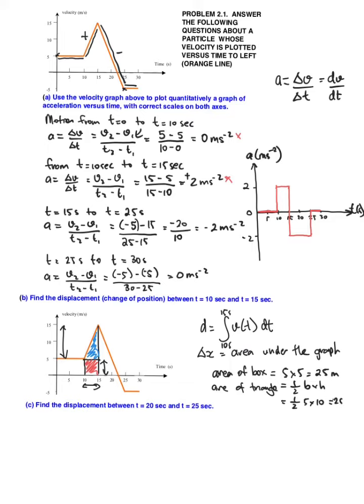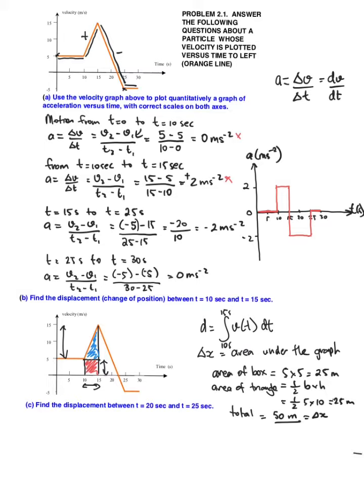So we get 25 meters. So the total area under there is 50 meters. So that's delta x, our displacement. We're just finding the area under the curve, or the integral, to go back from velocity to displacement.